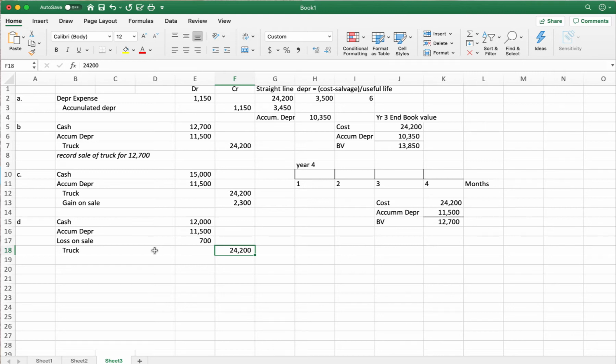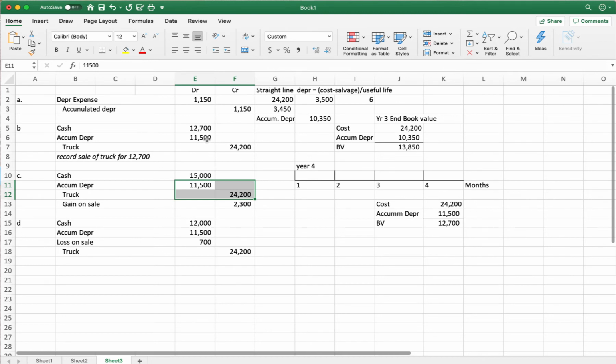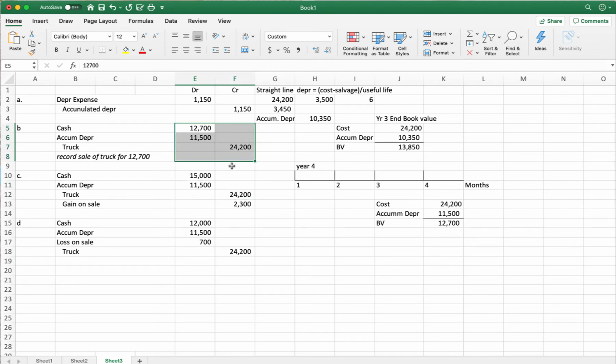Number one, calculate what your book value is at that specific point in time. Okay. If we compare the book value to the cash that we receive, that tells us, do we have a gain or do we have a loss? Okay. I did that here, and I kind of did it here, but I did it just through journal entries, right?